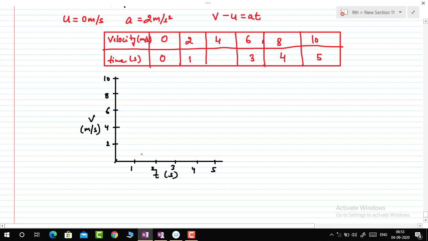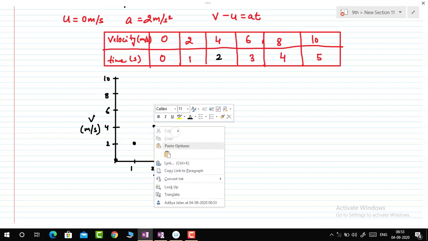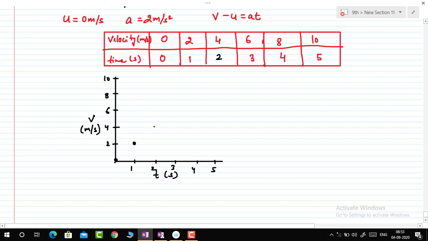So for time equals to 0 second, the velocity is 0, so the point will be here. Now for the next 1 second, the velocity is 2 meter per second, so the intersection will be somewhat here. Now for time equals to 2, velocity is 4, so it will be here. And for time equals to 3, the velocity is 6, so it is somewhat here.